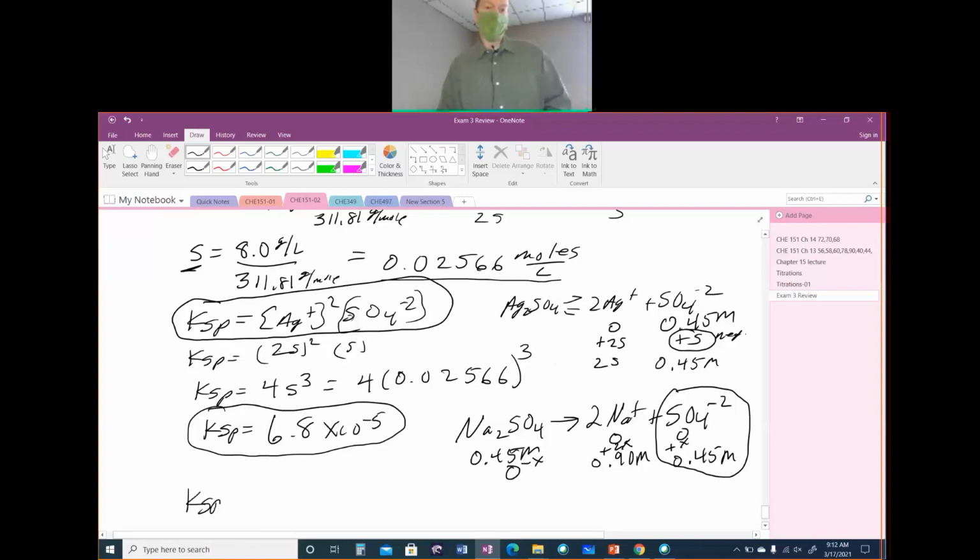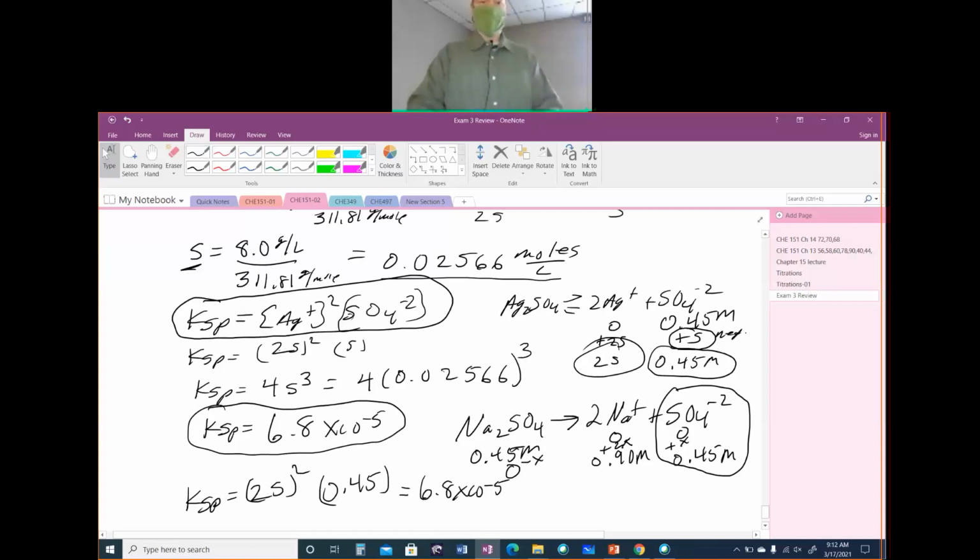And so your Ksp is equal to 2S squared for your Ag+ at equilibrium, 2S squared, not S. It is 0.45 plus S, but S is very small, so we neglect the plus S, and we get 0.45. And so we already know what the Ksp is. It is 6.8 times 10 to the minus 5.